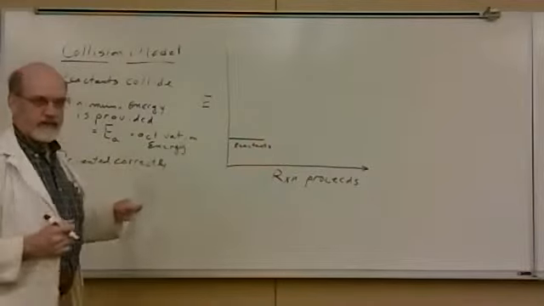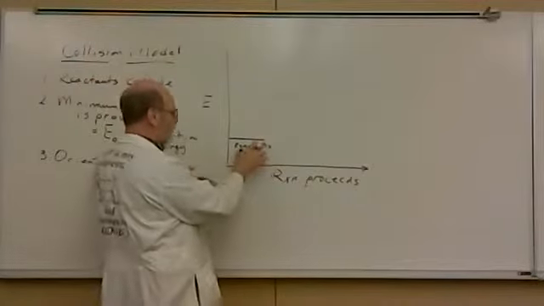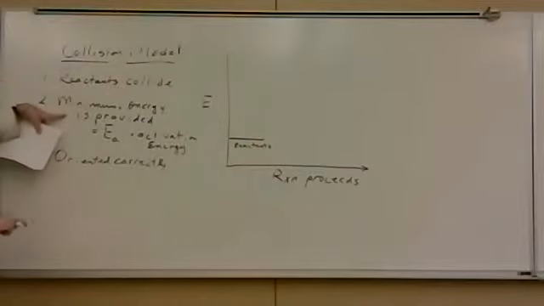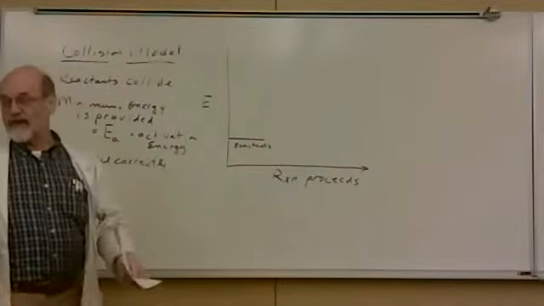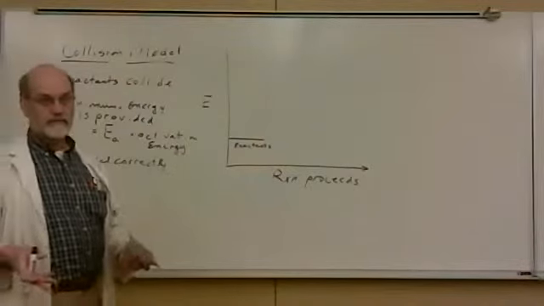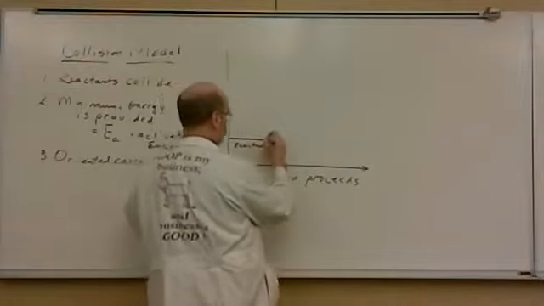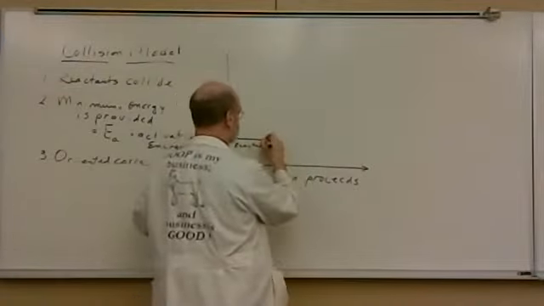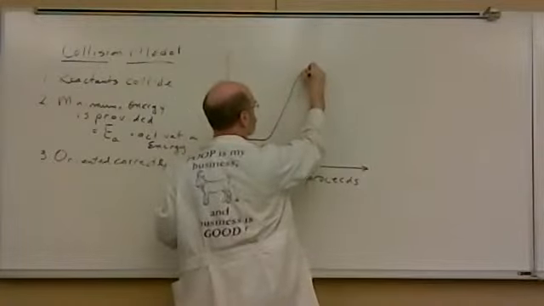Now we go back to the potential energy diagram. Okay, we have reactants at this energy level. Now we're going to pump energy into them. And that means that they have to be going fast enough. We're talking about kinetic energy. So as they approach, the potential energy of the combination increases to a certain point.